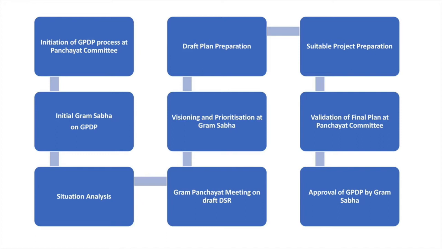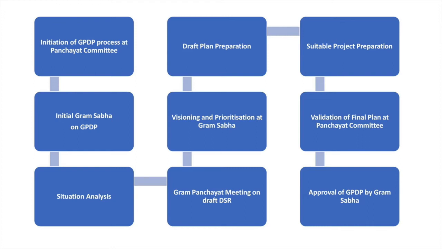It is primarily required to assess the existing scenario of the Gram Panchayat on various development issues. It provides basic information on the gaps in infrastructure, amenities and services that exist, as well as the potential for future development. This analysis can serve as the basis for setting priorities for the issues to be incorporated in the Gram Panchayat Development Plan.